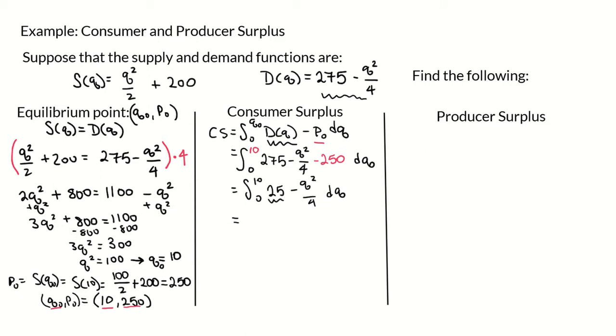Integral of 25, the constant, is 25Q, minus, we're going to do the reverse power rule, so add 1 to the power to get 3, divide by the new power of 3. And then we also have that 4 in the denominator, evaluating this from 0 to 10. And I'm going to go ahead and simplify this denominator. 3 times 4, we're going to write 12.